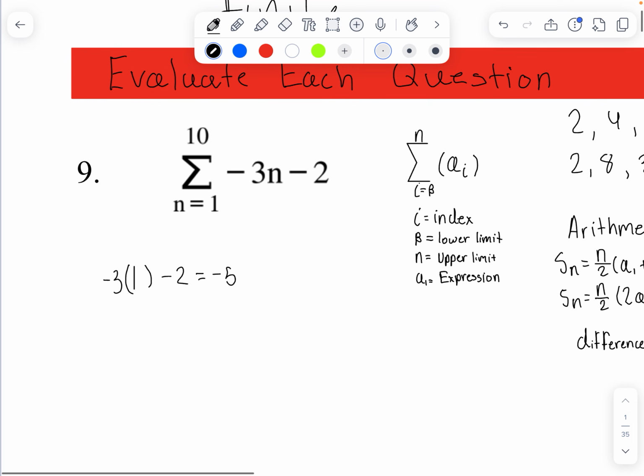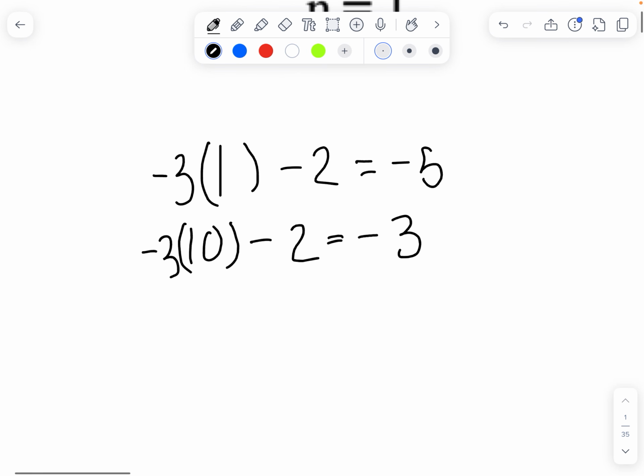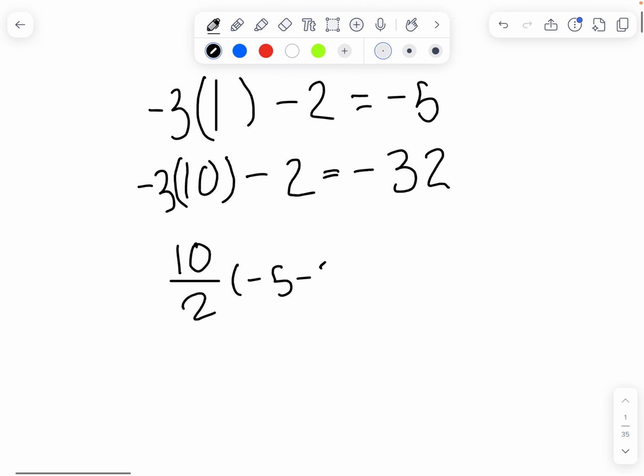And then the last term is 10. There are a total of 10 terms. So 10 over 2 times negative 5 minus 32 equals negative 185.